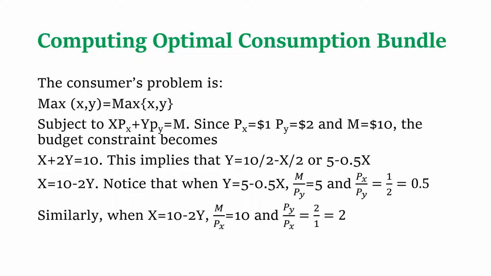Remember, you want to find Y here. You just take X to the other side of the equation. We transpose x, and then it becomes what? 2y equals 10 minus x. Remember, whenever you transpose a variable, the sign in front of the variable changes.